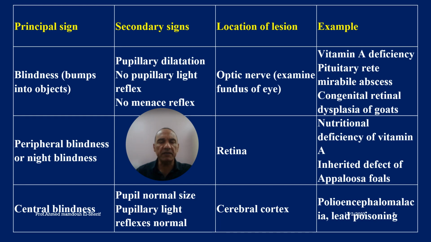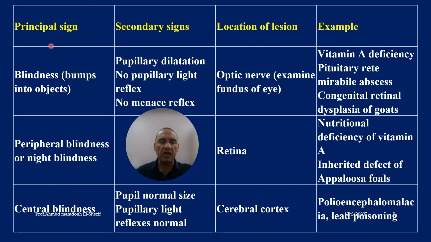But when the primary sign is peripheral blindness or night blindness, there is no secondary sign, and the location of the lesion will be the retina. The examples will be nutritional deficiency of vitamin A, or inherited deficit of apallosa in foals.